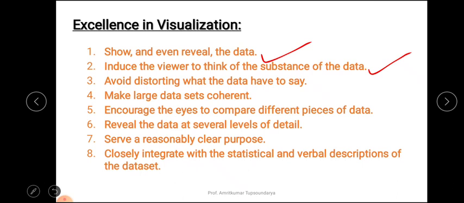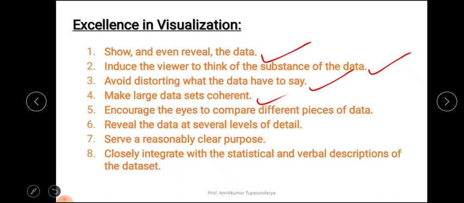The third is to avoid distorting what the data have to say, right? Statistics can be used to hide the truth in the name of simplifying. Some crucial context could be removed, leading to distorted communication. The next is to make large data sets coherent, right?